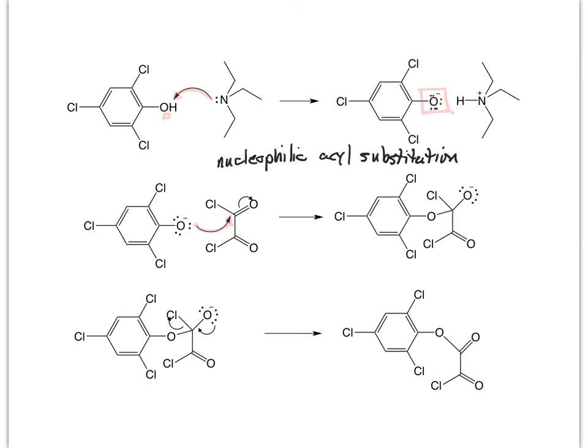When that happens, the pi bond opens up to form a sigma bond, and you get a tetrahedral intermediate. That tetrahedral intermediate is characteristic of the nucleophilic acyl substitution mechanism, right?